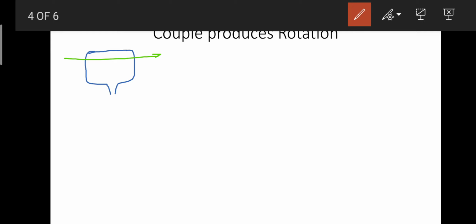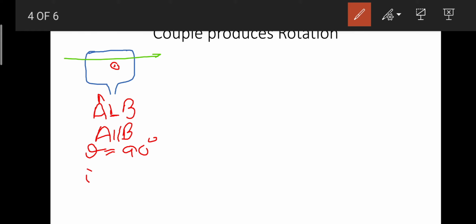When it is lying on the surface, it is making an angle of 90 degrees with B. If I draw the vector area for this, it would be in this direction, that is out of the page, so it is perpendicular to the direction of B, or you can say the surface area is parallel to B. So for both these cases theta would be equal to 90 degrees, and in this case the torque which is observed would be the maximum, right?